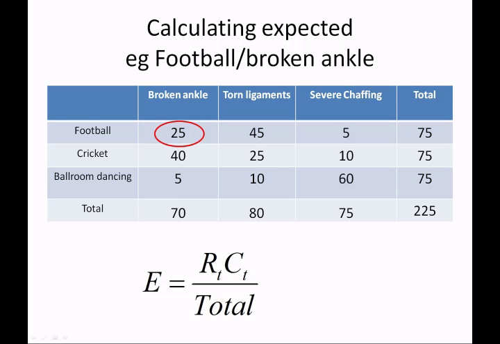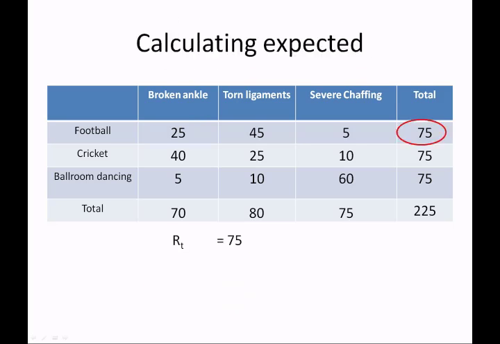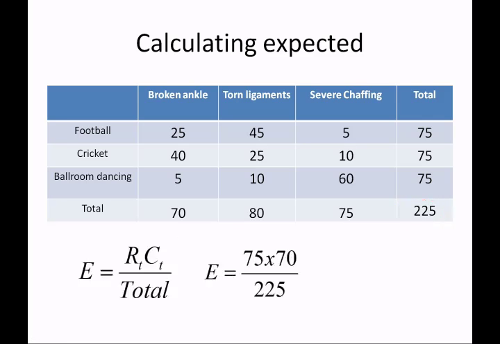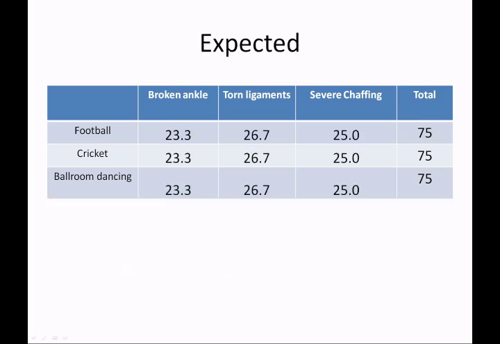We've got 75 as the row total, 70 as the column total, and 225 as the total overall. So 75 times 70 divided by 225 gives us 23.3 expected broken ankles in football. And we can follow that using the row and column totals and the overall total to calculate the expected values for each of the injuries for each of the sports.